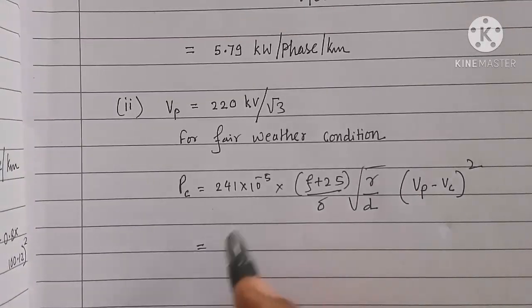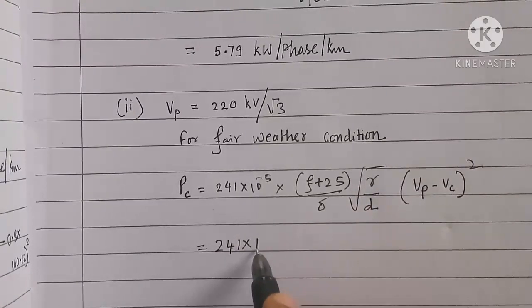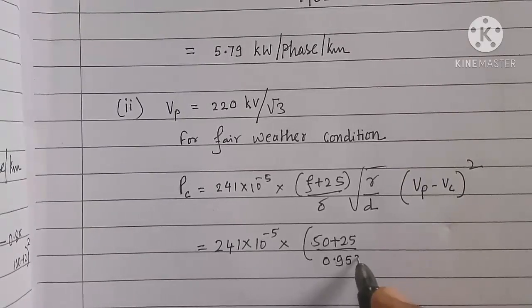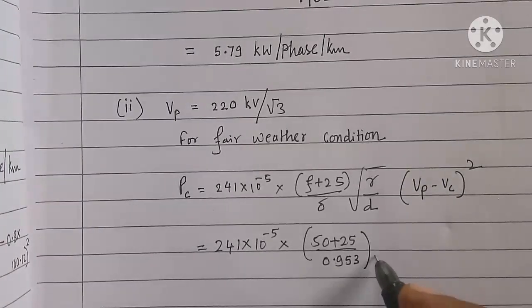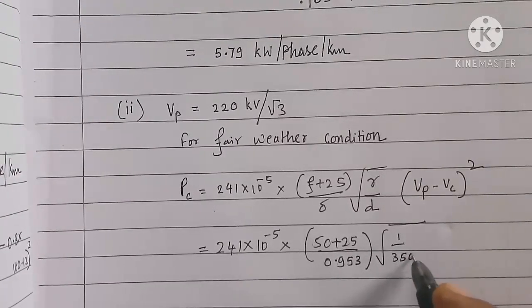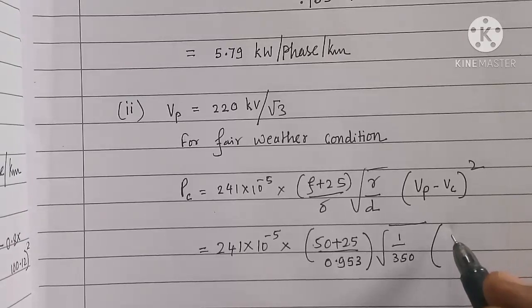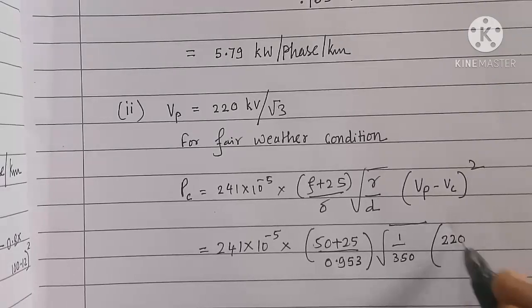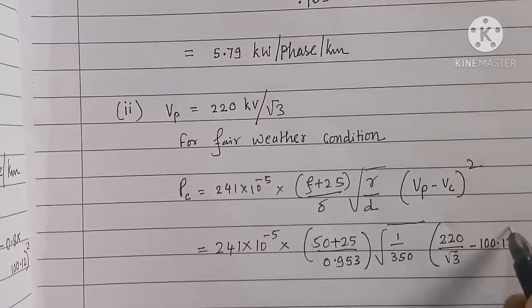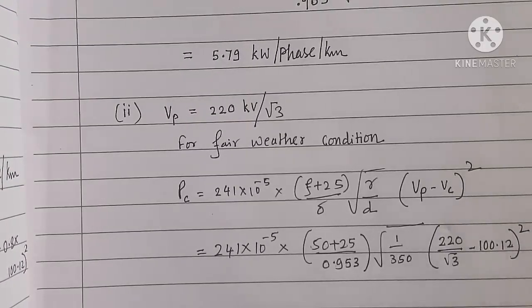That is equal to 241 into 10 raised to minus 5 into 50 plus 25 divided by 0.953 into 1 by 350 into 220 by root 3 minus 100.12 squared.